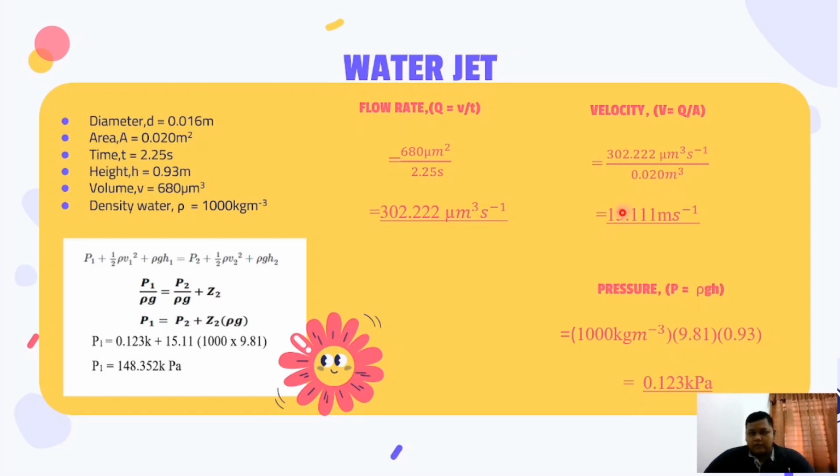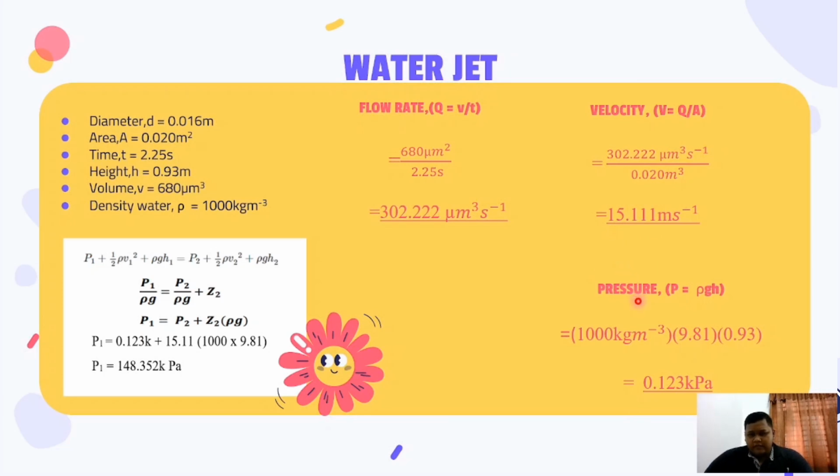So after the calculation, we get the velocity for the water jet is 15.111 meter per second.